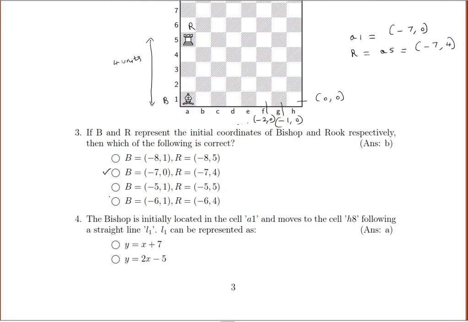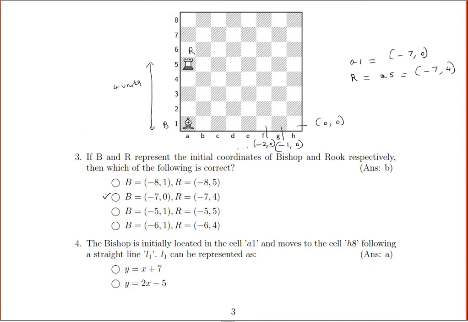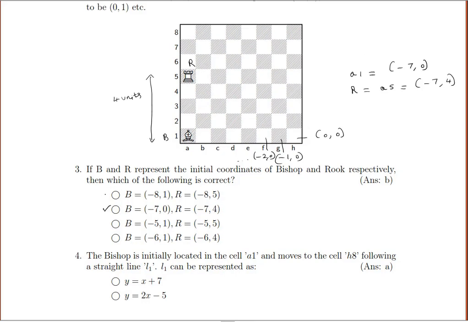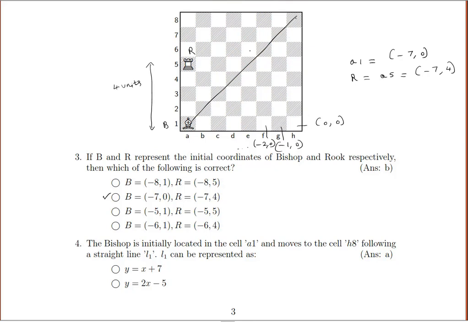Looking at question 4, the bishop is initially located in the cell A1 and moves to the cell H8, from A1 to H8. It moves along the diagonal, and this is represented by line L1. So we need to find the equation of the line.